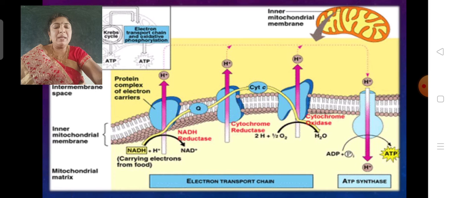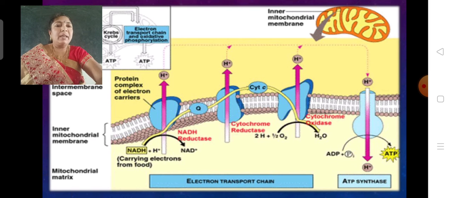So finally the protons released are taken by the oxygen molecule and formed into water. So here 2H plus half O2 forms a water molecule, and finally the electrons reach complex 5, that is ATP synthetase.